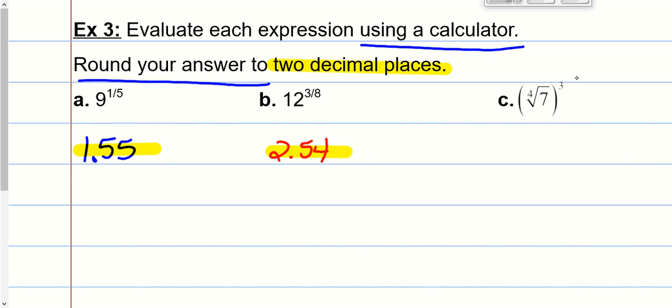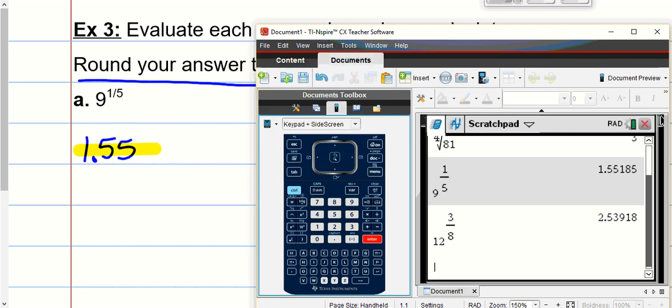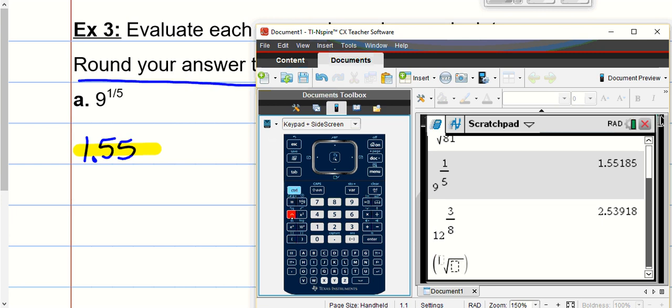Right here, this one's set up a little differently. It still says use a calculator. The 4th root of 7, all to the 3rd power. So we're going to open parentheses, get our nth root of a, so 4th root of 7. And on the outside, we're to the 3rd power. Oh, I didn't put that rooftop up there.